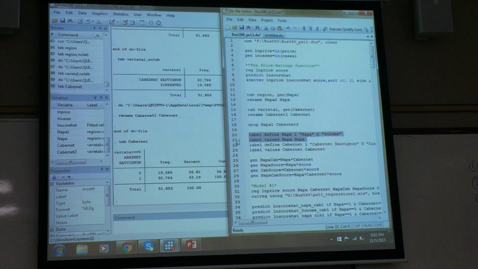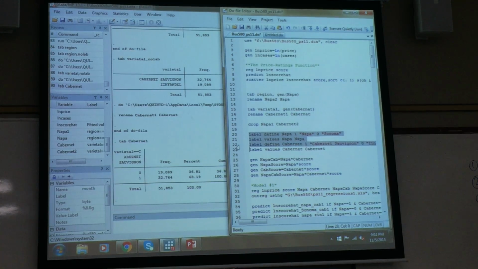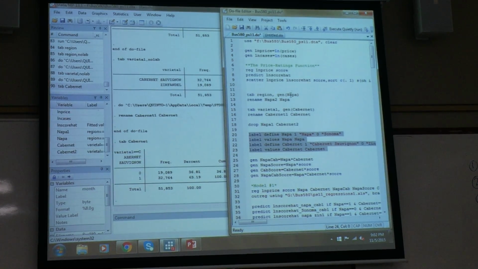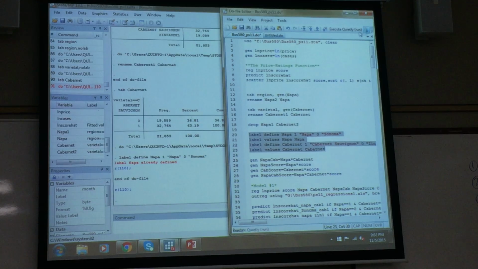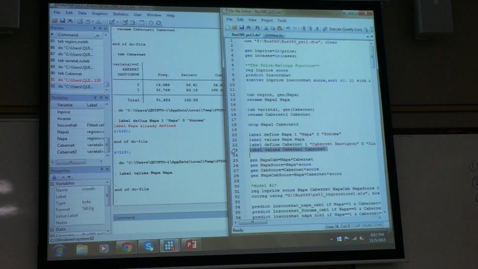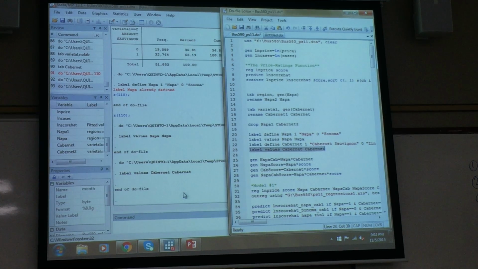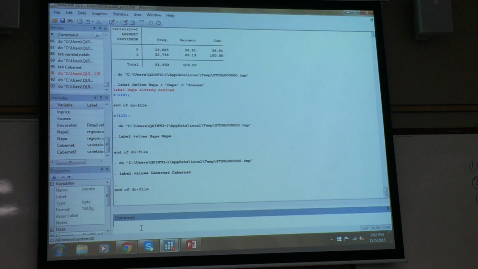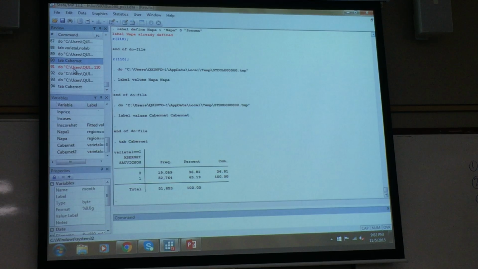I labeled these. I think these are already created. This is nice in that when we tabbed cab, we got the 0, 1, but if you put a label over it, it's still the 0, 1.